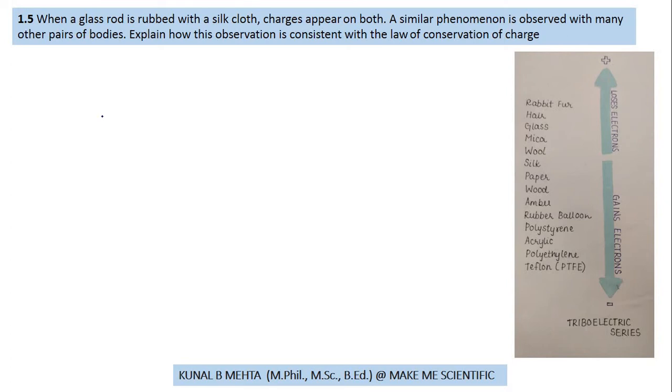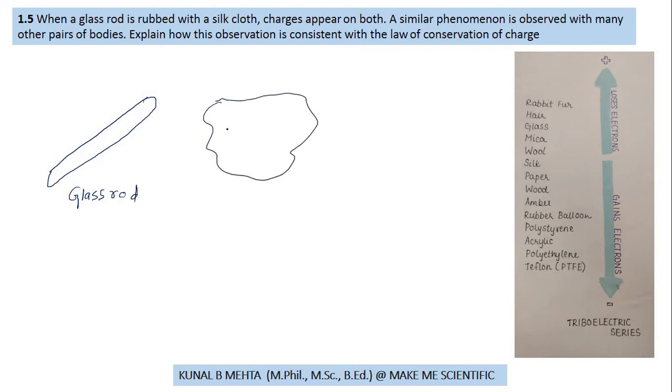So guys, suppose we have a glass rod, suppose this is our glass rod, and we have a silk cloth. So this is our silk cloth.